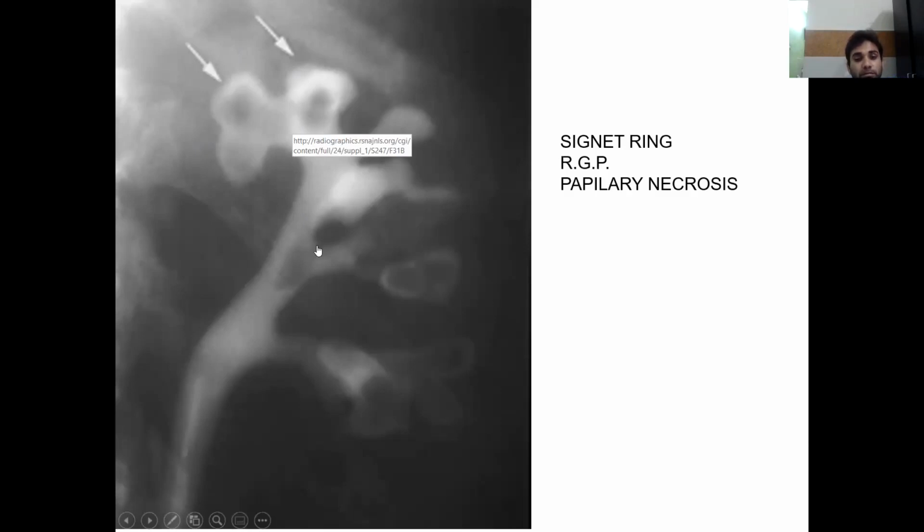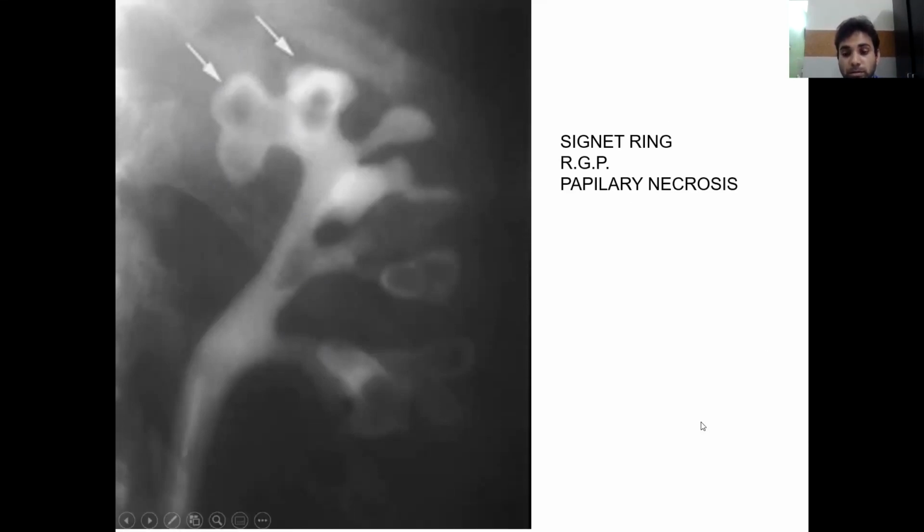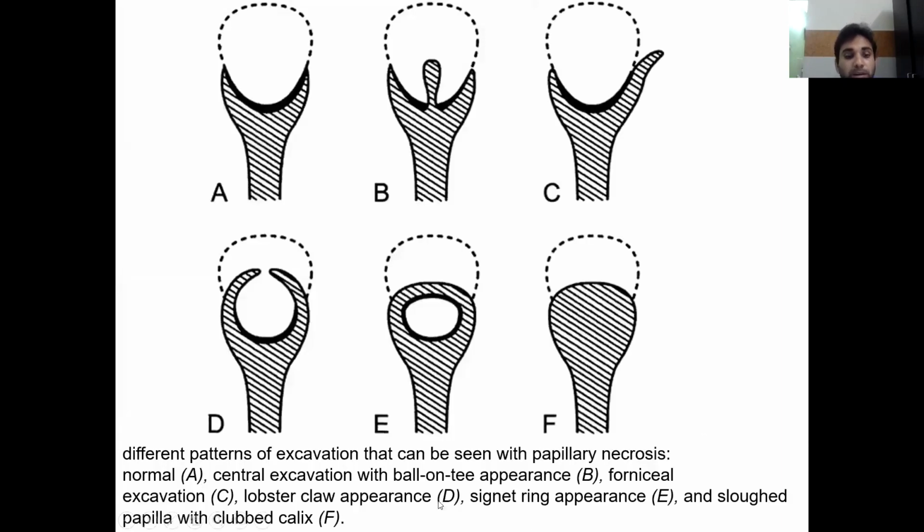IVU of the left kidney is also seen in association with papillary necrosis. These are different patterns of excavation that can be seen with papillary necrosis.